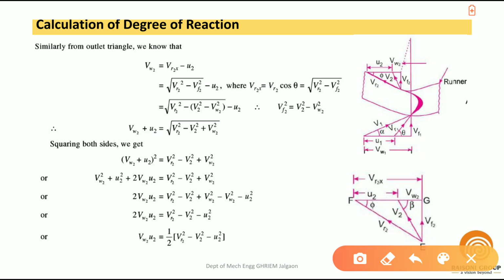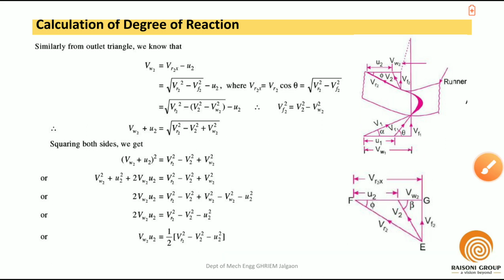After simplifying, we get 2 Vw2 u2 is equal to Vr2 square minus V2 square minus u2 square, and the final equation is Vw2 u2 is equal to 1/2 into the bracket Vr2 square minus V2 square minus u2 square.